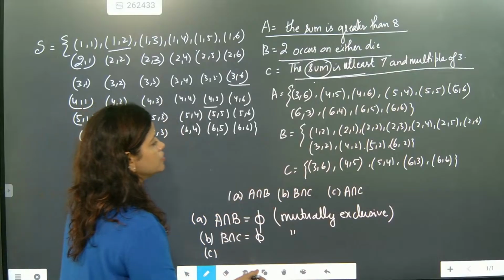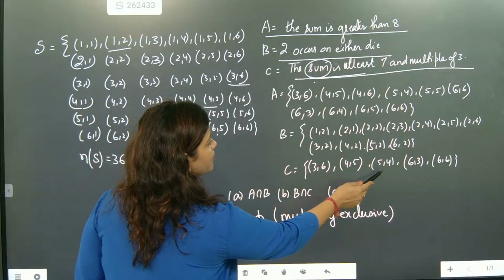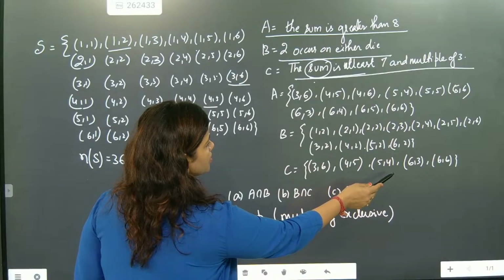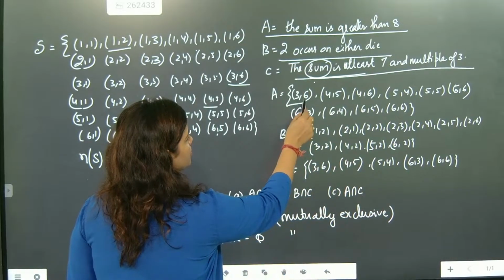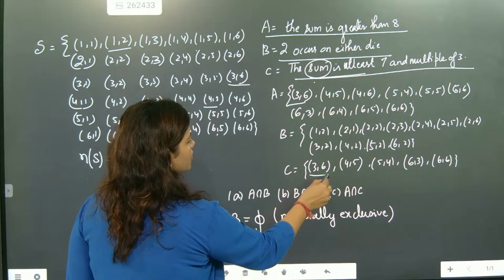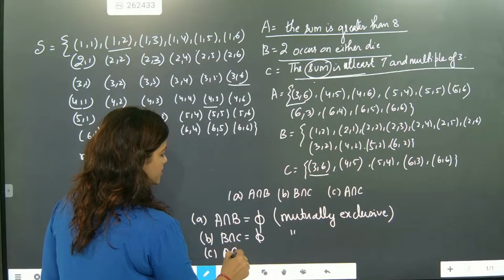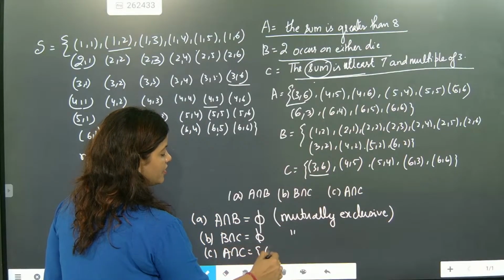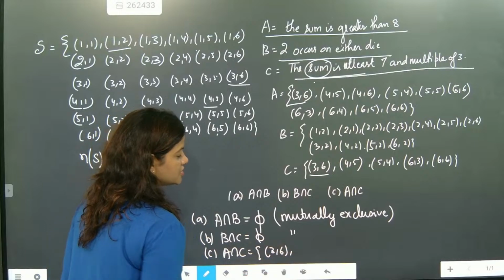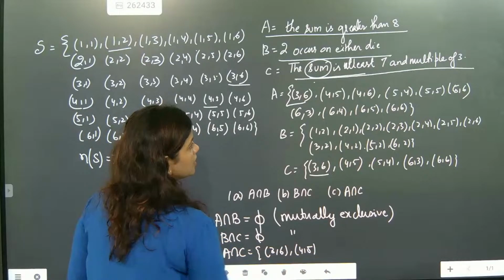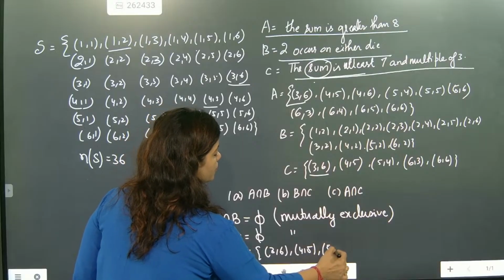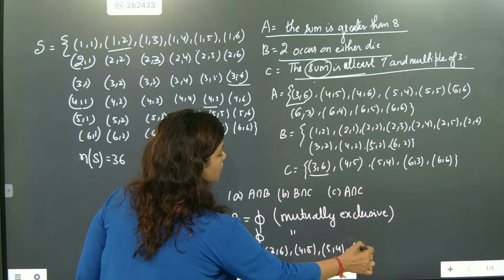Look at it. So 4 comma 5, 5 comma 4, 6 comma 3, 6 comma 6, A intersection C. Here 3 comma 6 is there, and here 3 comma 6 is there. That means for A intersection C, the first common element we got is 3 comma 6. Next 4 comma 5 also we got, 5 comma 4 also we got, 6 comma 6 also we got.